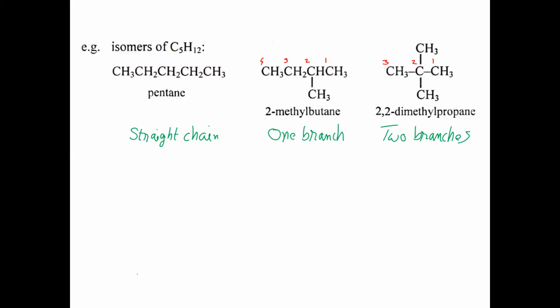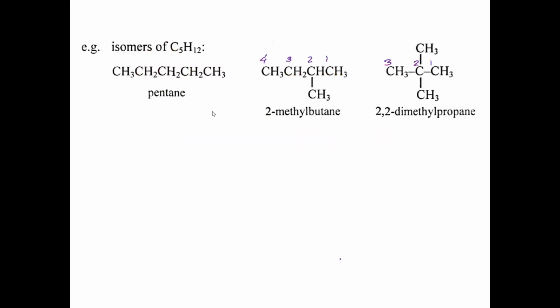You can look at this screen and observe that this is 2-methylbutane and 2,2-dimethylpropane. So this is an isomerism where the compounds are different.